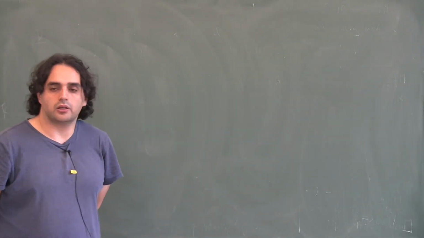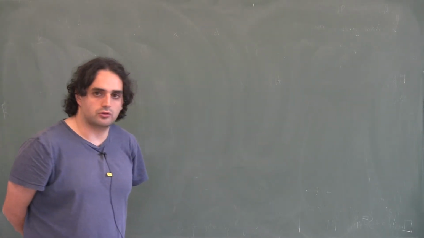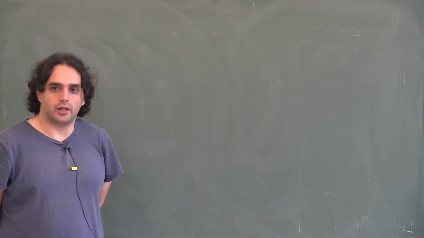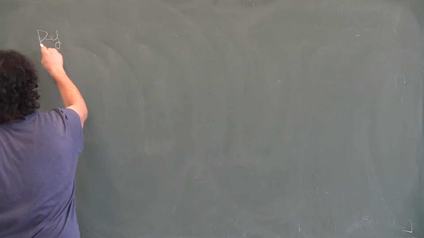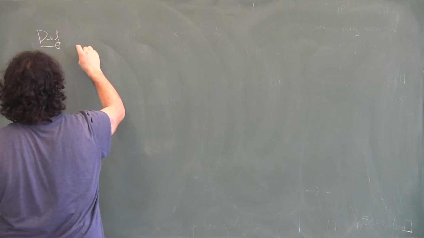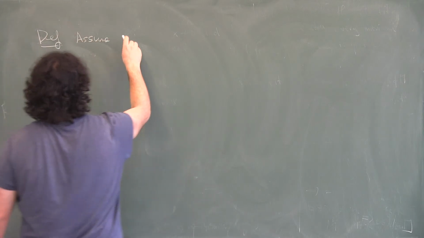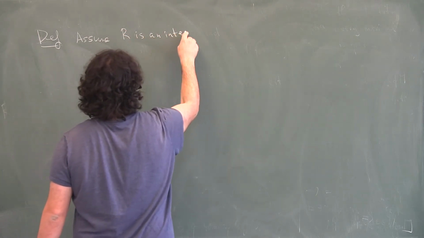Okay, so finally, I want to use the new notion that we have introduced of prime ideal to define what it means for an element to be prime. So definition, and for this definition, let me assume R is an integral domain.